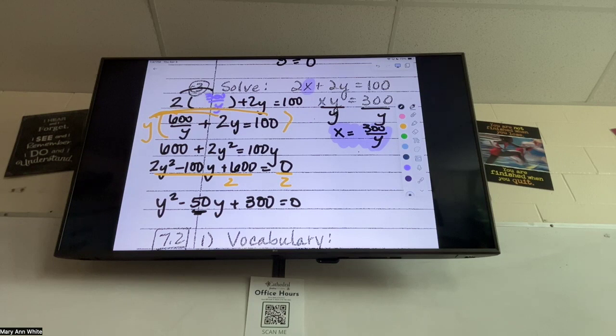What else? 20 and 30? 25 and what? 25 and 20? 20 and 30, do those multiply to 300? That's 600. I don't think that's 300. So I racked my brain. I'm going to be honest, I don't know if there's anything that's going to work.